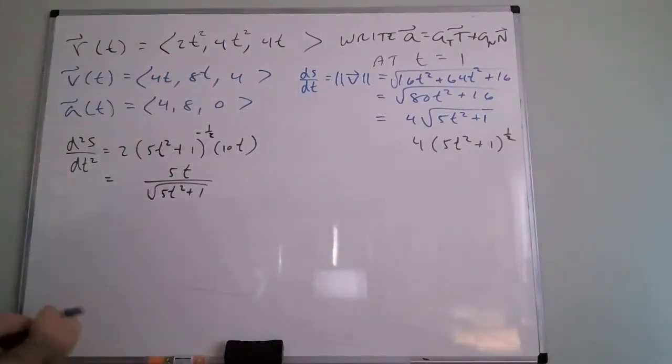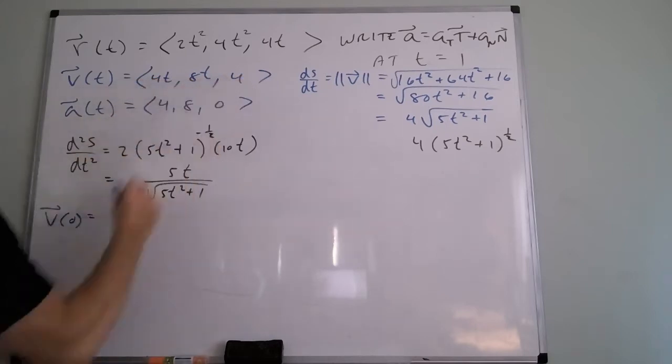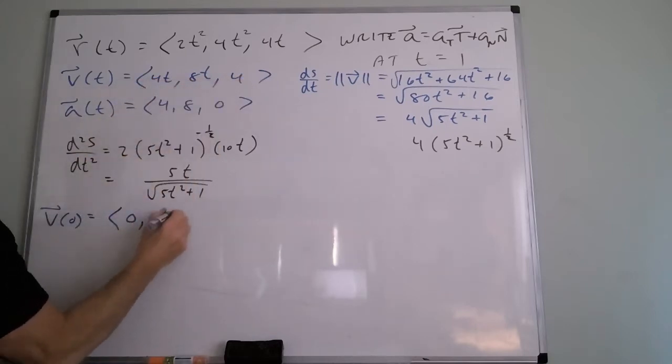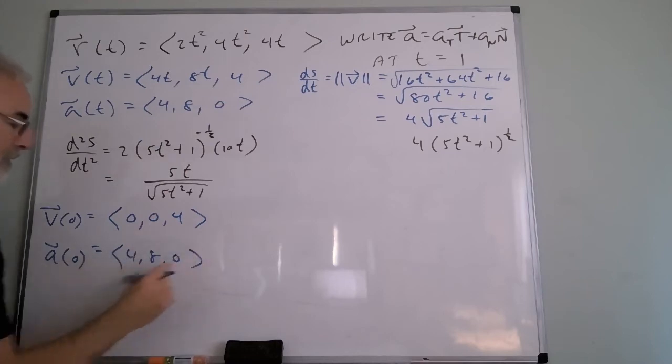So let's put it over here. So v of 0 is what? v of 0 is simply 0, 0, 4. a of 0 is 4, 8, 0.